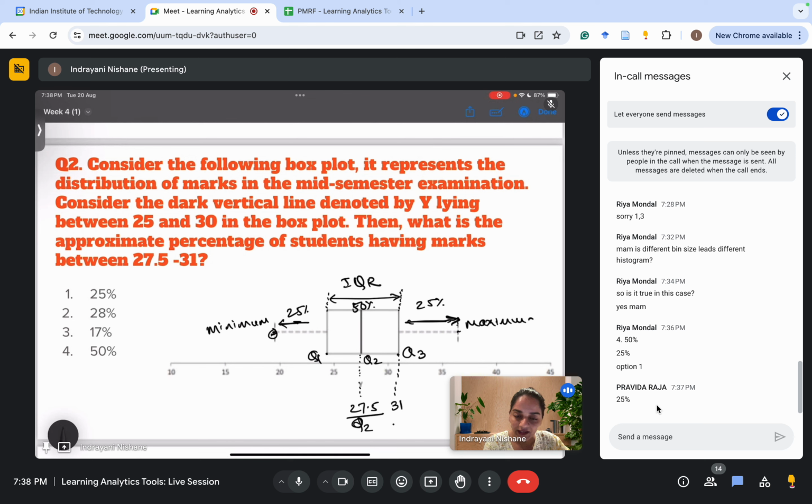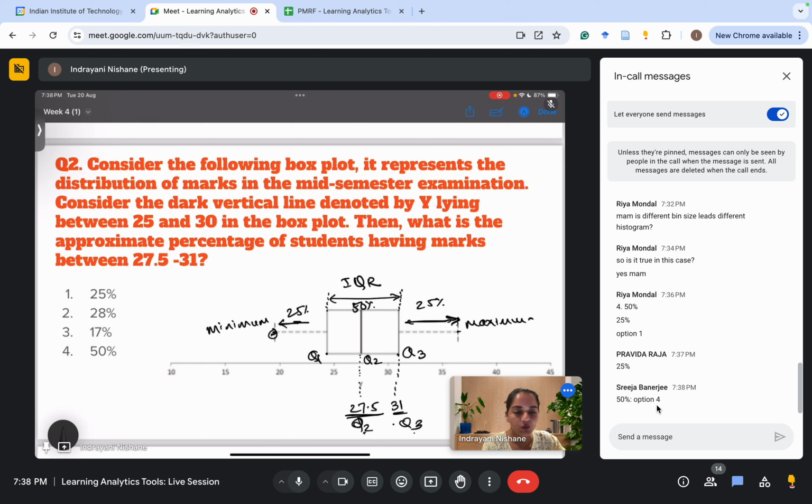Now think about it again. What is the percentage of students having marks between 27.5 and 31, between Q2 and Q3? I am getting the answer as 25%, 25% and 50%.